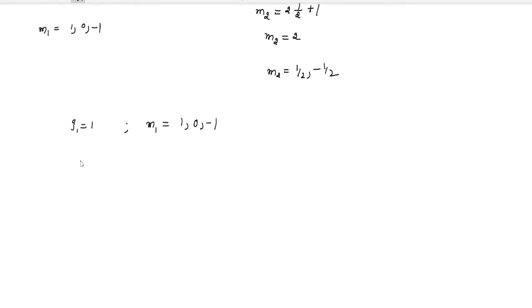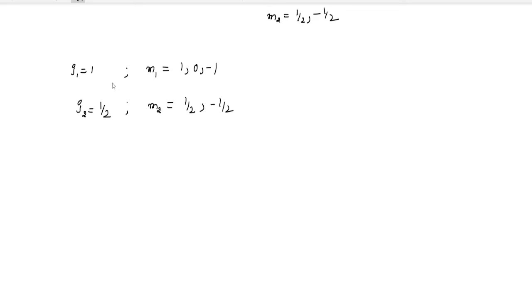And next one is j2 equal to 1 divided by 2, and for m2 I got 1 divided by 2 comma minus 1 divided by 2. So the next step is to find the j and m values.